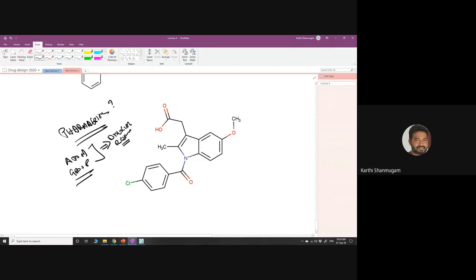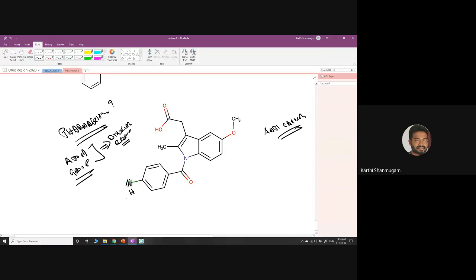Let us assume that this group is removed and replaced by hydrogen. Before the replacement, this molecule is an anti-cancer drug molecule; its activity is anti-cancer activity.